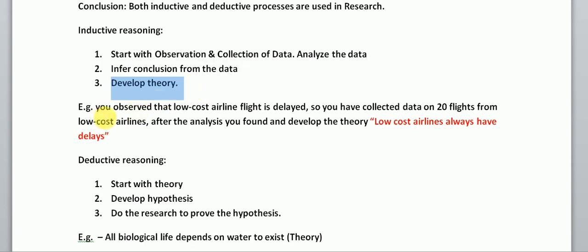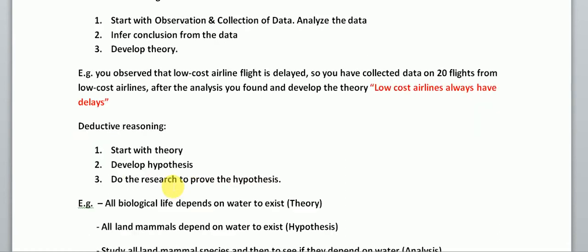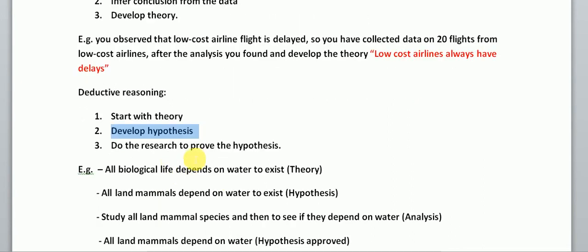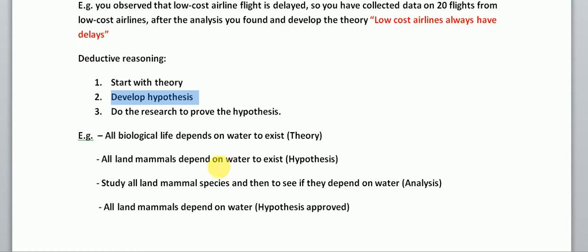As you can see in this example, you observe the low-cost airline flights which are delayed, and then you collect the data on that and you find something general and you develop a theory. But in deductive reasoning, we start with the theory. It means we must have a theory, and under that particular theory we develop hypotheses, and then we try to either prove or disprove these hypotheses with the help of research.